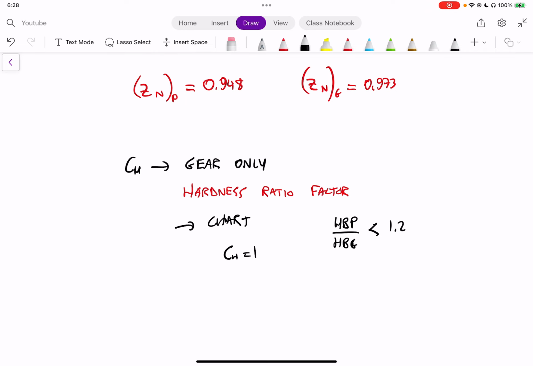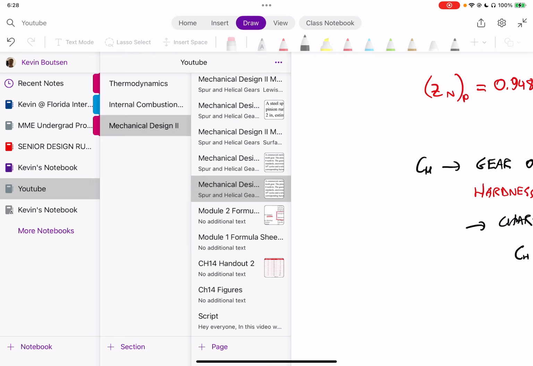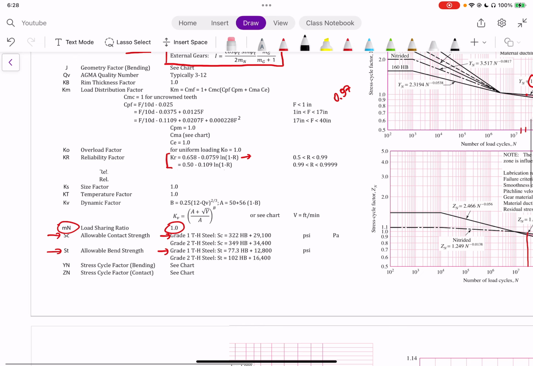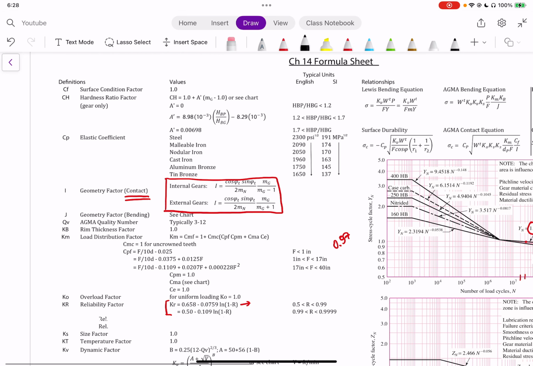So let's go to our formula sheet really quick just to see where this information is on CH. We have CH at the top here, and we have some equations associated with CH.